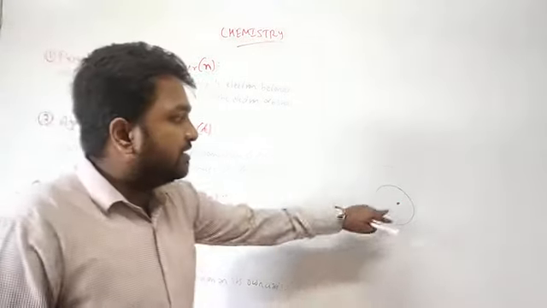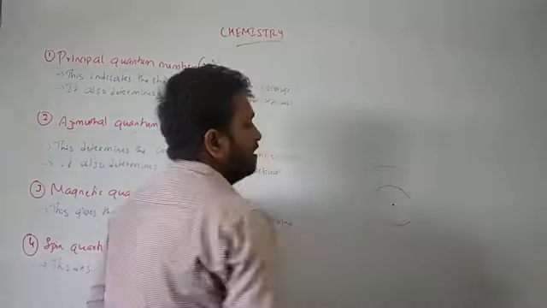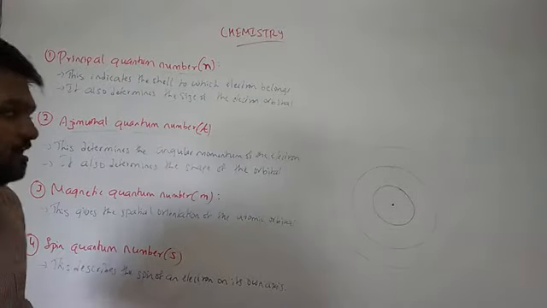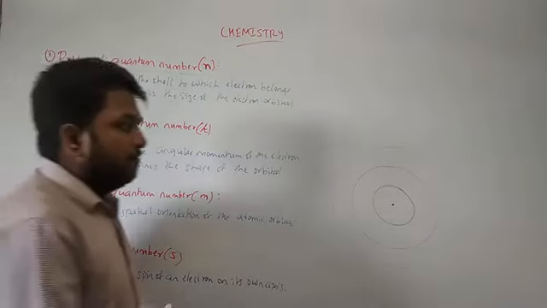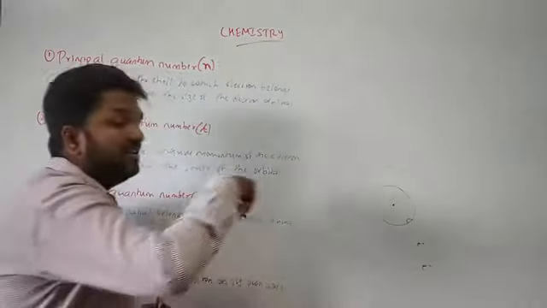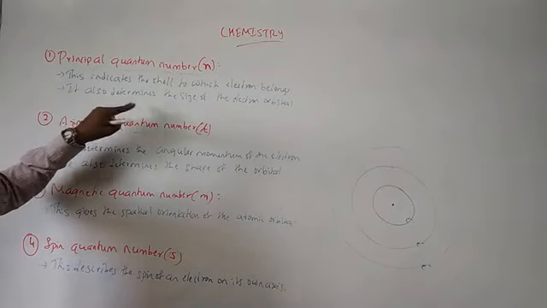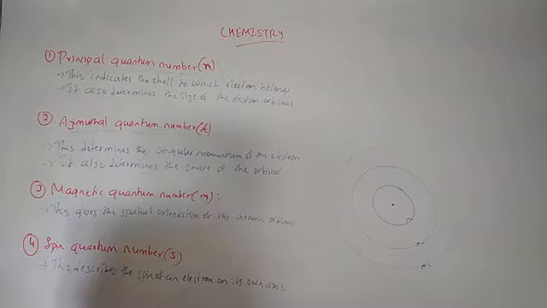The nucleus is the center part of an atom where the protons and neutrons are available, and electrons revolve around the nucleus in particular paths called orbits. The principal quantum number indicates the shell to which the electron belongs.